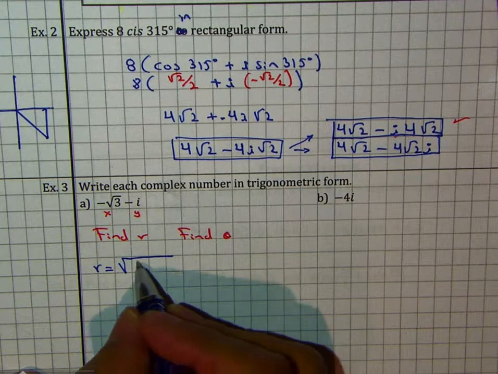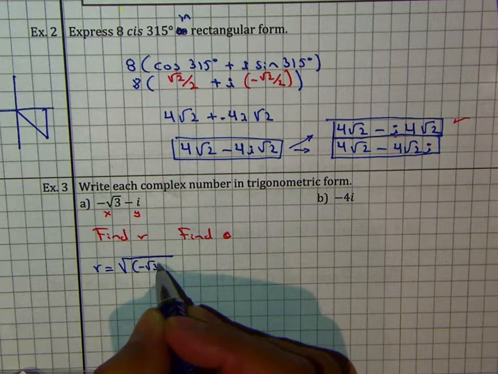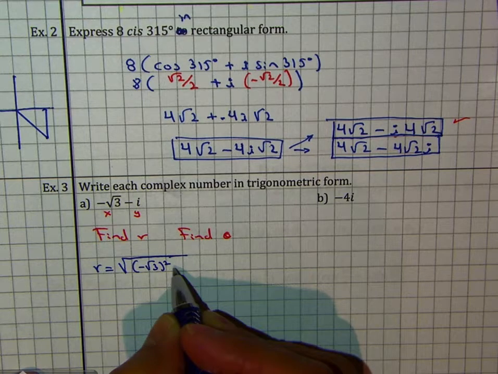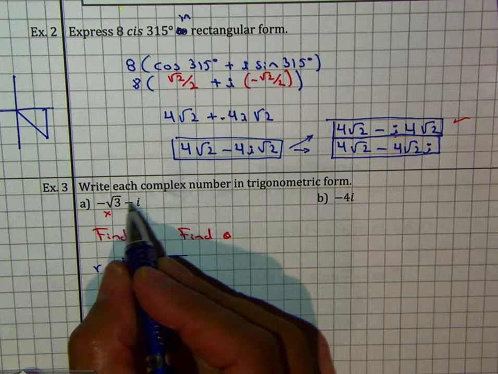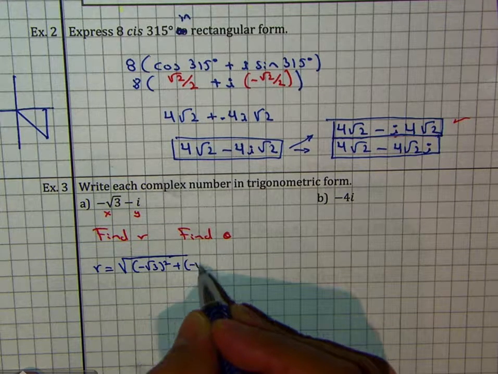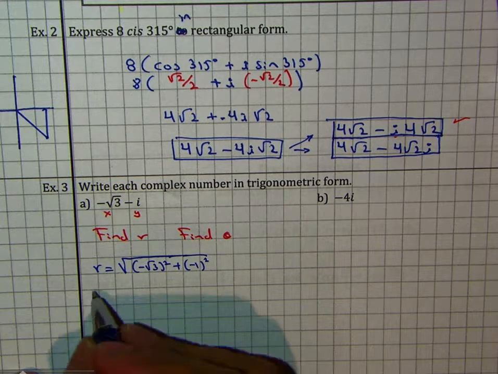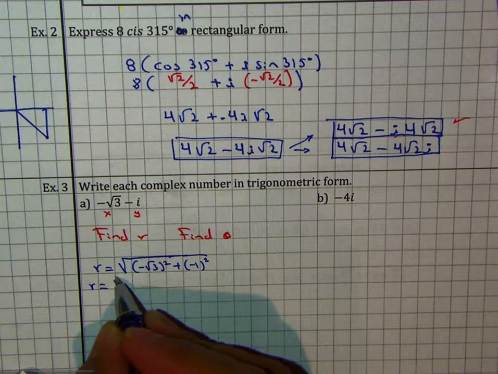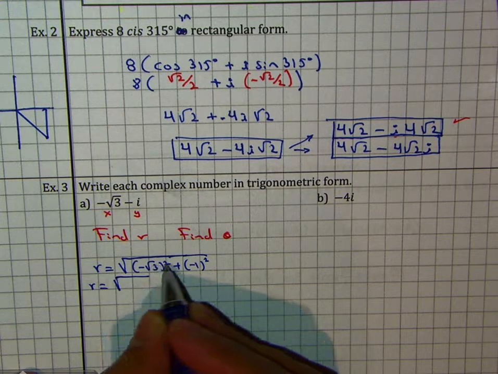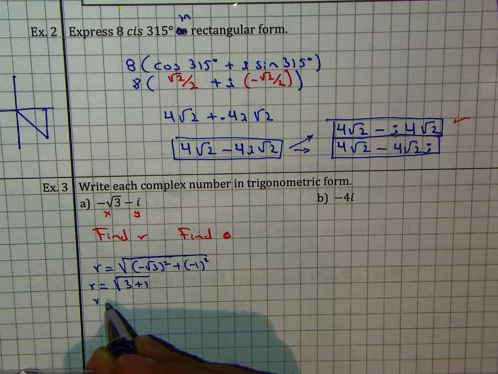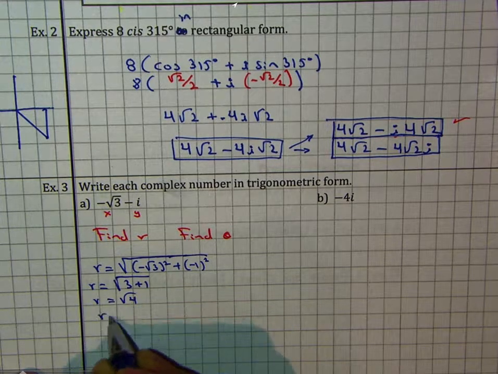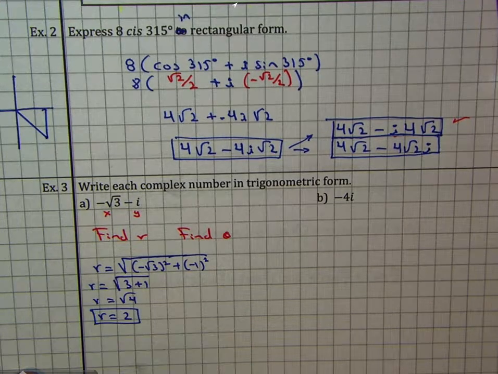So it'll be negative square root of 3 squared plus, now be careful, your y is not your i, it's only the coefficient, so it'll be just negative 1 squared. Therefore R is equal to, the square root and the square cancel, the negatives go away, 3 plus 1, R is equal to the square root of 4, so therefore R is equal to 2.